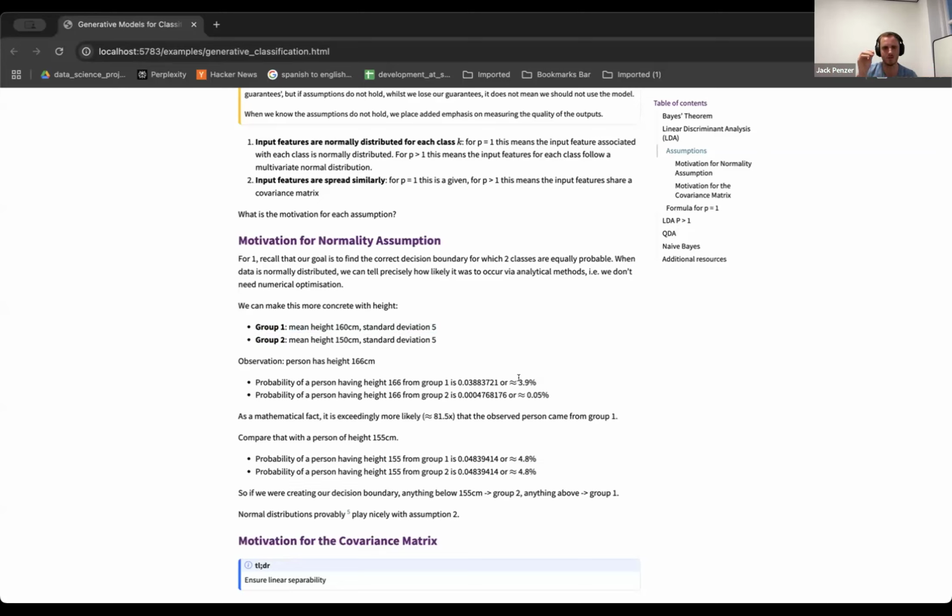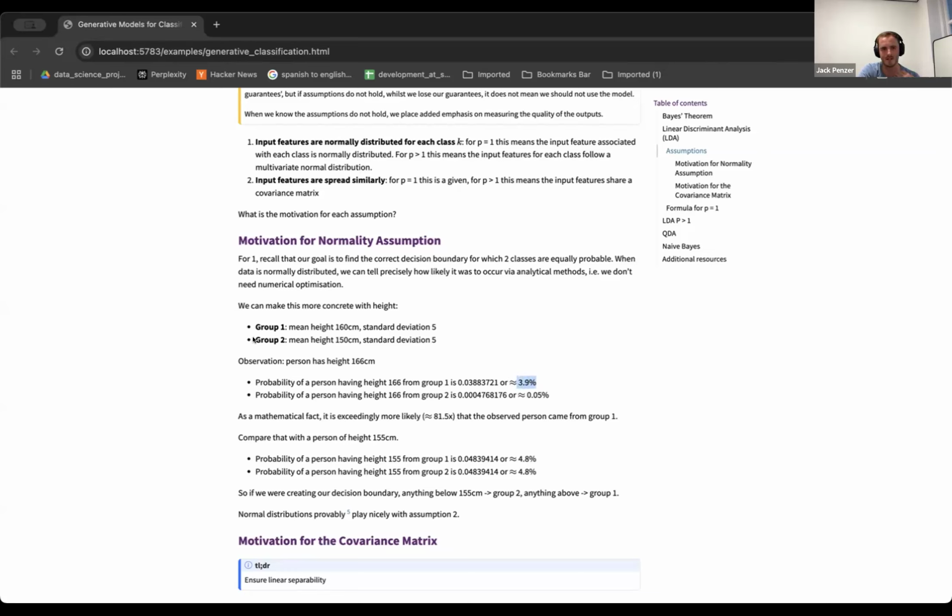So you can say that it was a 3.9% chance that person came from group 1 and a 0.05% chance from group 2. Leaving everything aside, it's just a mathematical fact that it's much more likely that the person came from group 1 than group 2, and you calculated that very quickly.